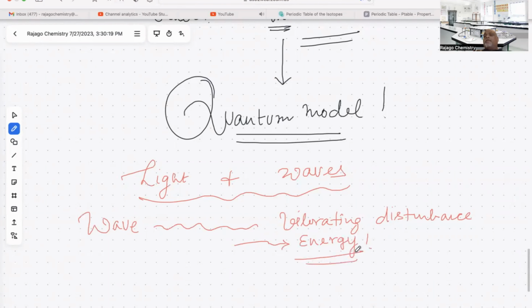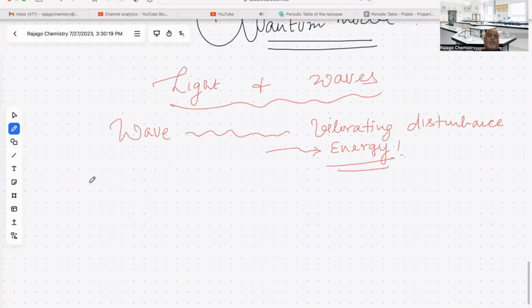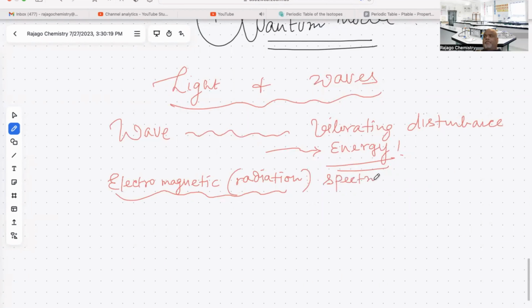All waves emit energy. So we have what is called electromagnetic radiation. The electromagnetic radiation, or the electromagnetic spectrum, is a wave.